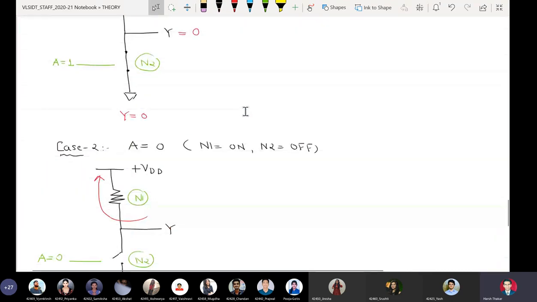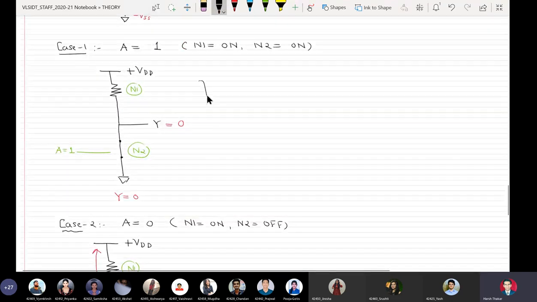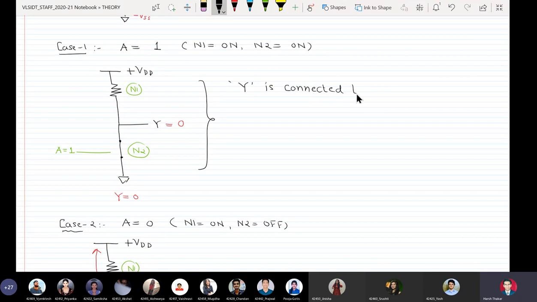In this case, which is very, very important, Y is connected to ground through NMOS.